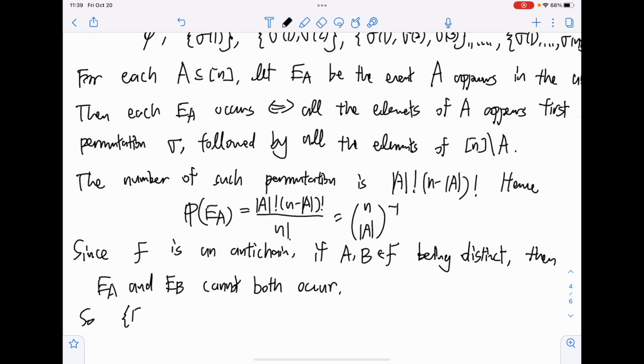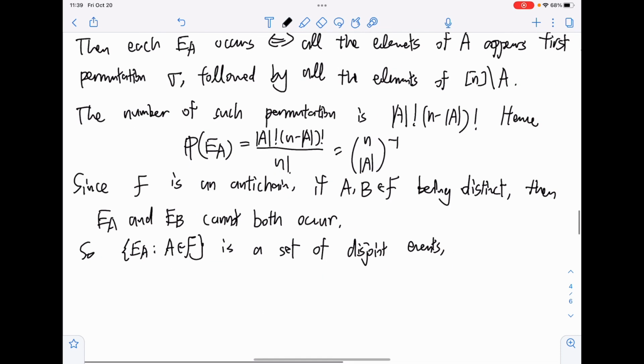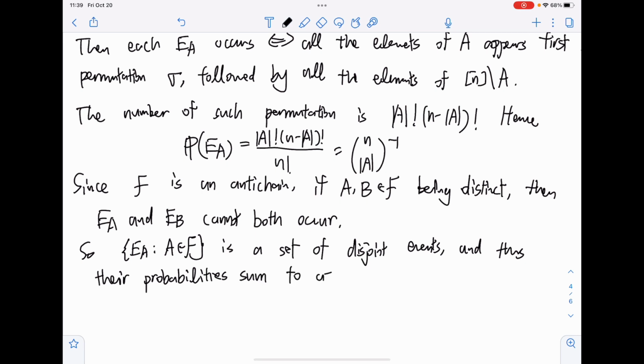So the set of all E sub A, such that A is in the anti-chain, is a set of disjoint events, and thus their probabilities sum to at most 1, which gives the desired result.